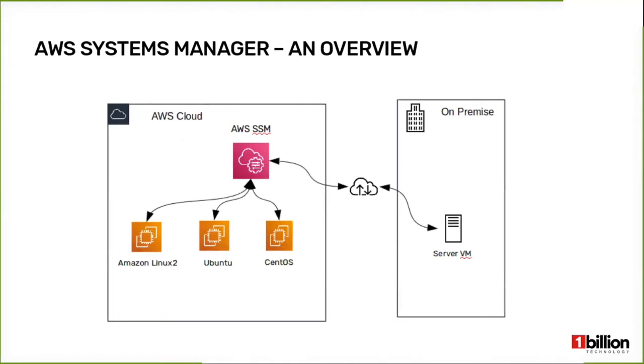This is the main diagram you need to understand. It's a very simple diagram, nothing fancy about it. The only thing is you can see the on-premise servers you can connect. Since you are all AWS based, you can use VPN or Direct Connect to on-premise servers. I'm not going to connect any of them here because it's not possible for me to do that here. But with SSM you can do that.